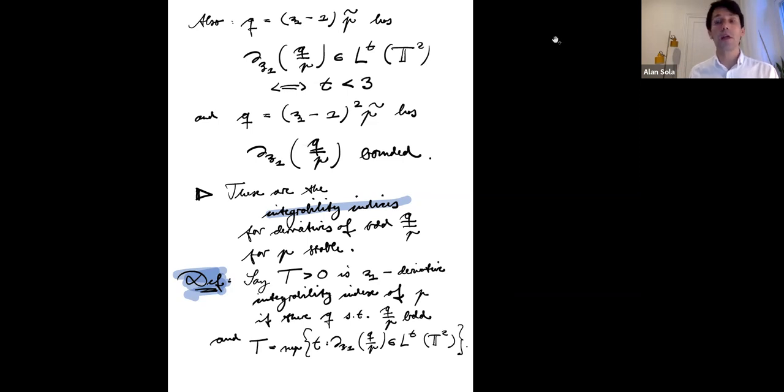We say that a positive number, capital T, is a Z1 derivative integrability index of P if there exists a Q such that Q over P is bounded, and T is the supremum of t such that the partial derivative with respect to z1 of Q divided by P is in LT. So the integrability indices that I exhibited here were 3/2, 3, and infinity.